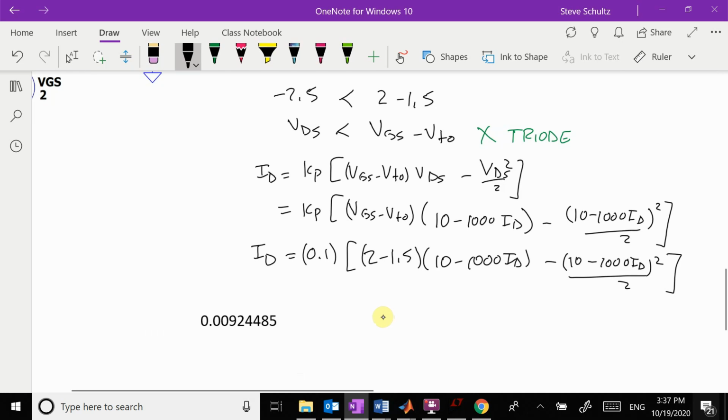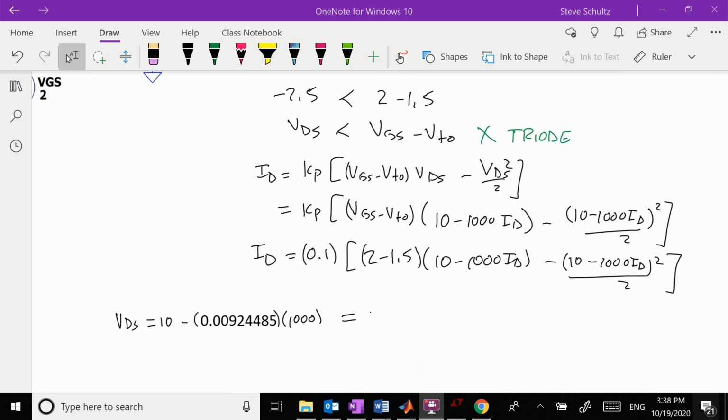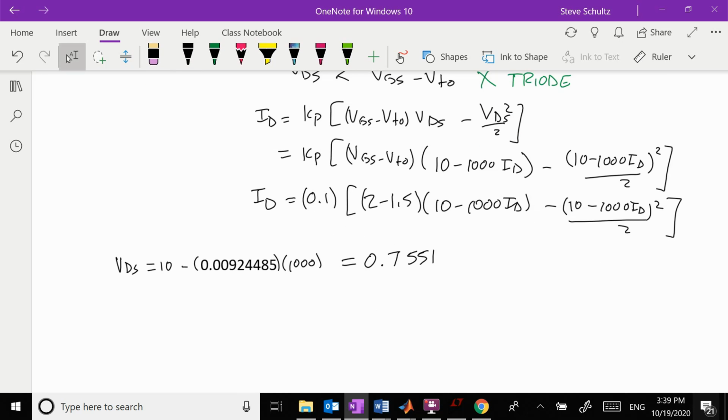So then VDS is going to be equal to 10 minus this times 1,000, which is equal to 0.7551. And then we're comparing my VDS, 0.7551, to my VGS minus V threshold, and you see that this is larger, which means that's wrong because it was supposed to be smaller if I'm in triode.